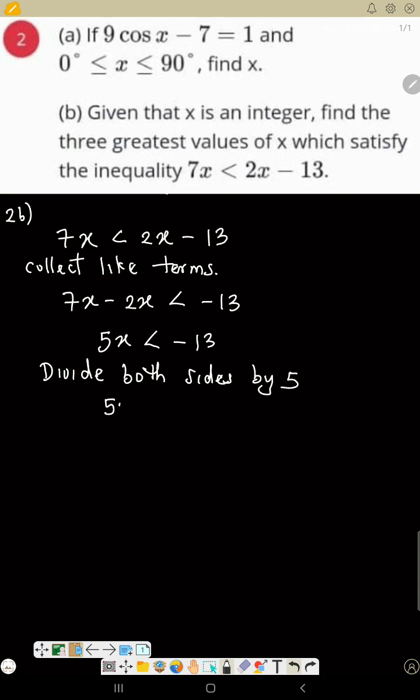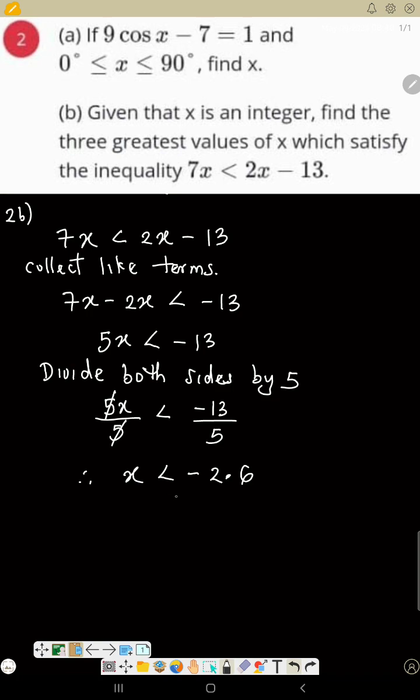So this will be 5s over 5 is less than minus 13 over 5. So now 5 will cancel out 5. So s is less than, so divide 13 by 5. So that will be 2.6. So this is minus 2.6.